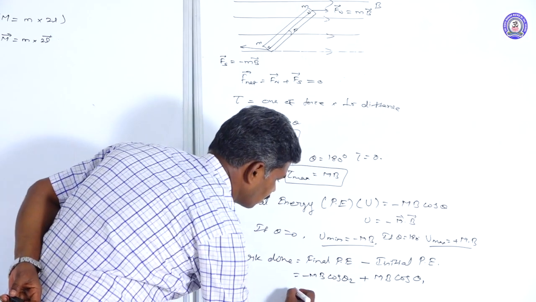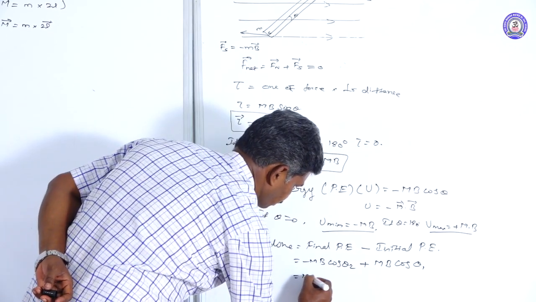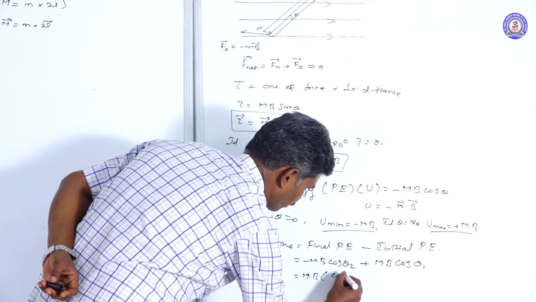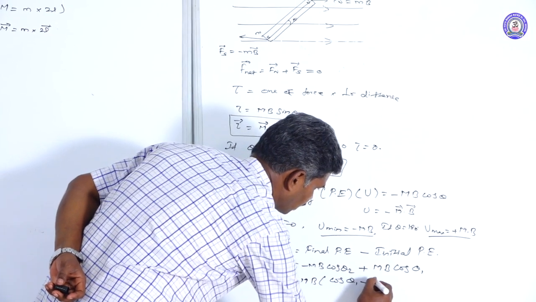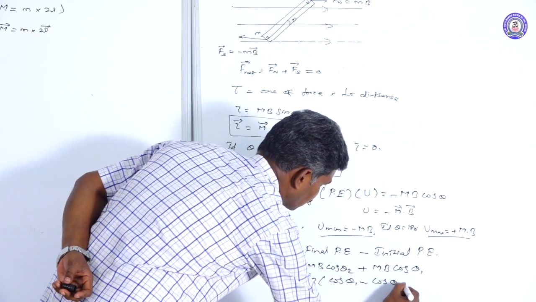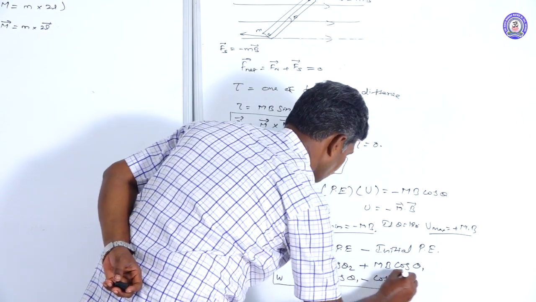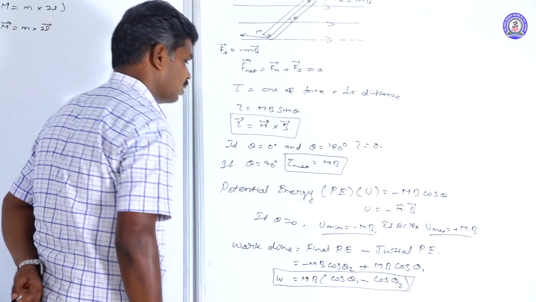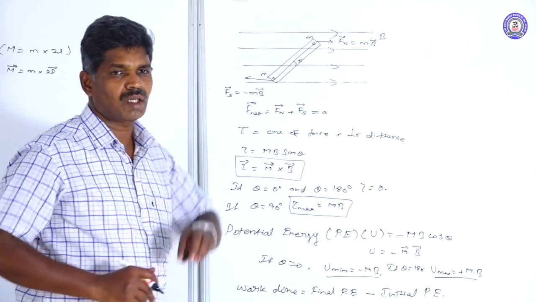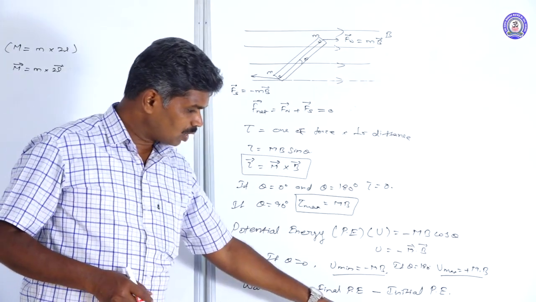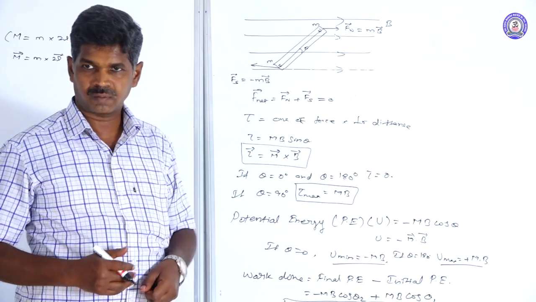So taking the common values, W = mB (cos theta 1 minus cos theta 2). This is the work done to rotate the bar magnet from one position to another, from theta 1 angle to theta 2 angle.